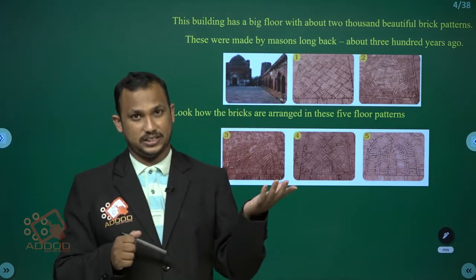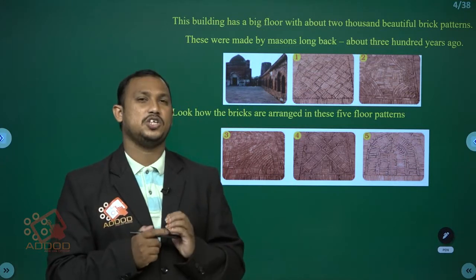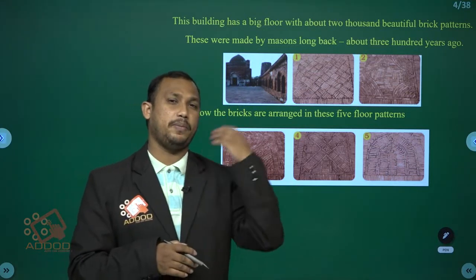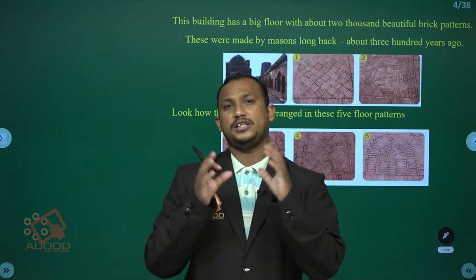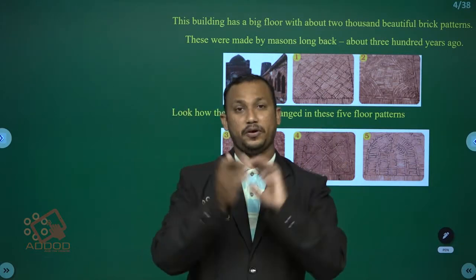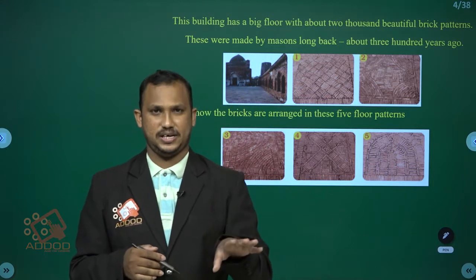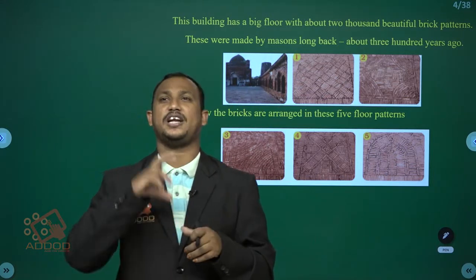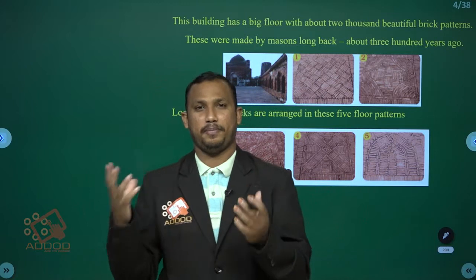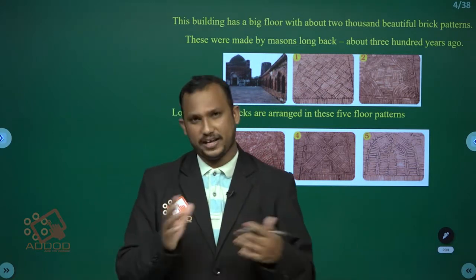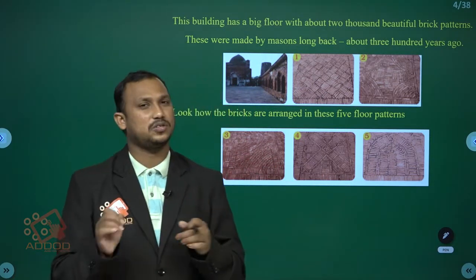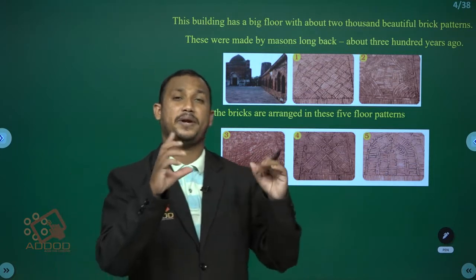But in those days these facilities were not there. So what would they use? By using bricks only, they made their house construction beautiful. Now we use different types of color paints and interior design with glass items, decorating with plants and lightings and like this. But those days they did not use these. They used only bricks.